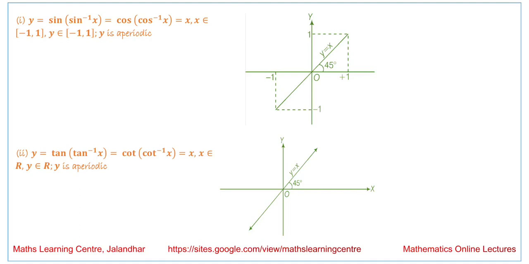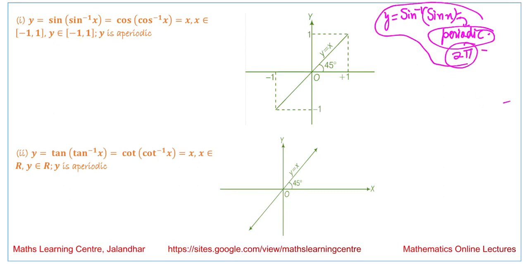In the previous case, when we talked about sine inverse of sine x, we saw that this function is periodic with period 2 pi. But now we are talking about the function y is equal to sine of sine inverse of x.